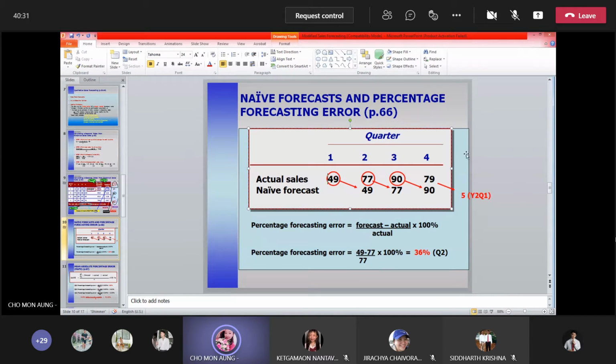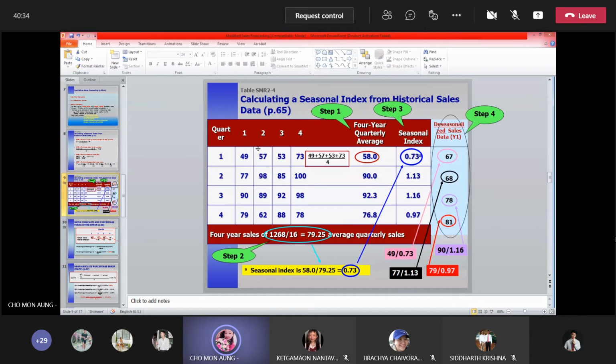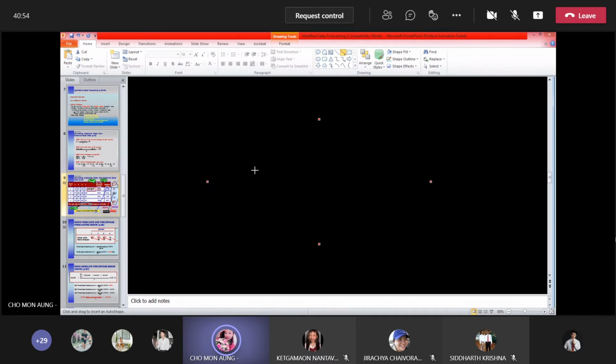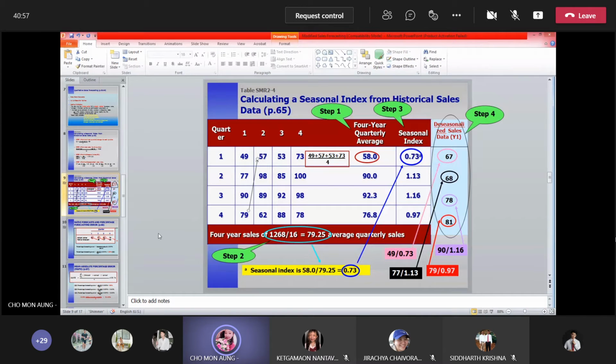You see that? So what about when we come to year 2, quarter 1? Year 2, quarter 1 is here. So that is going to be what? Year 1, quarter 4, actual sales 79, will be the forecast for year 2, quarter 1. So we keep doing that. Then here, it is going to be like this, right?